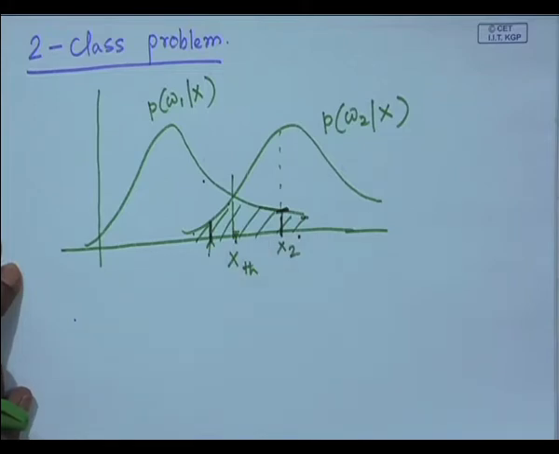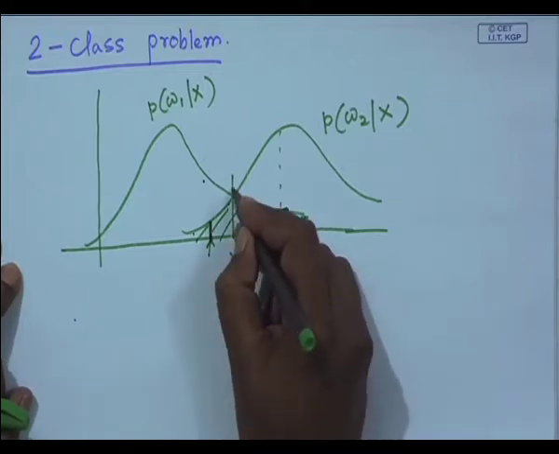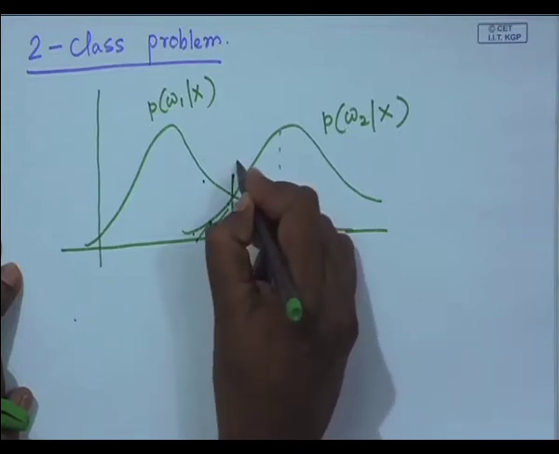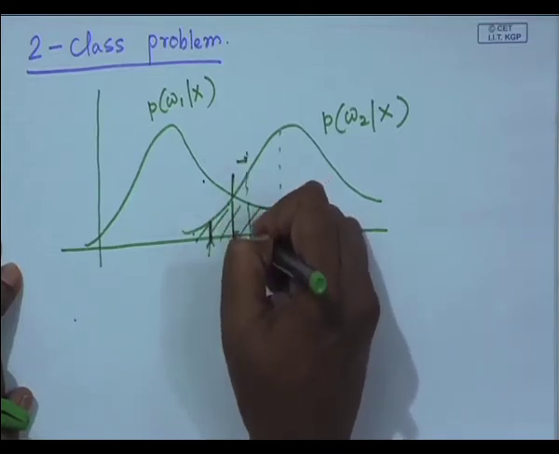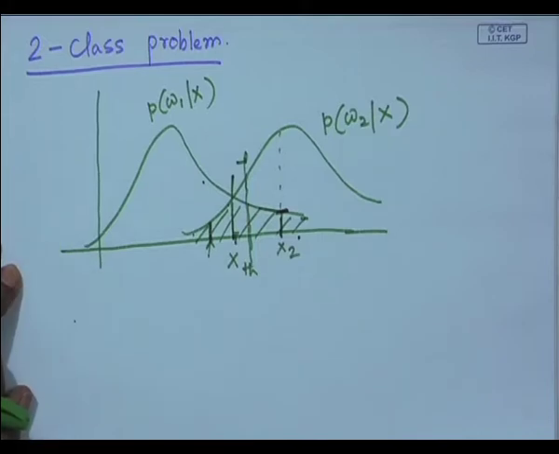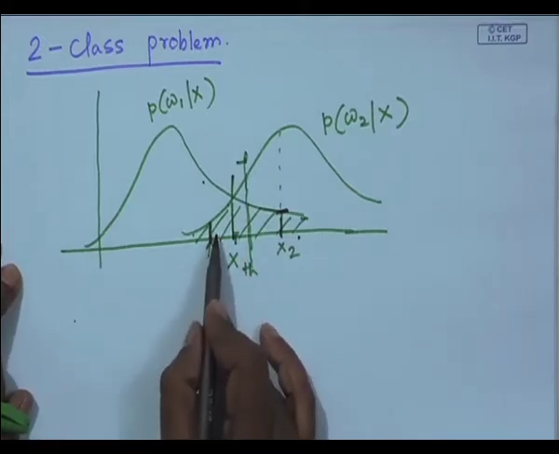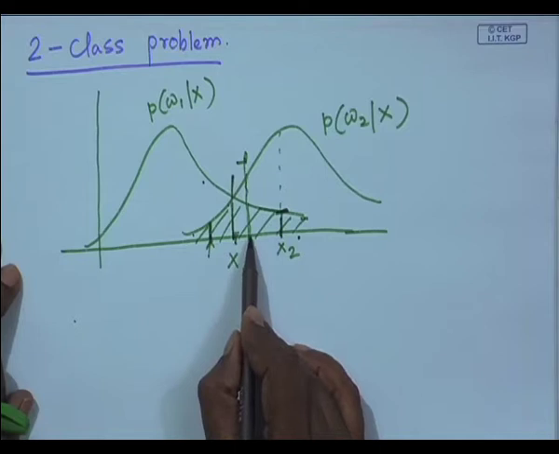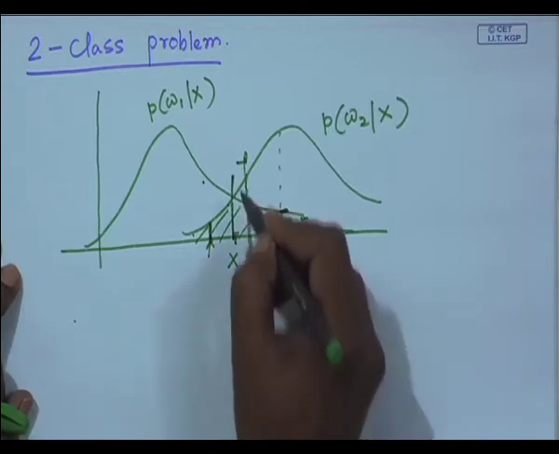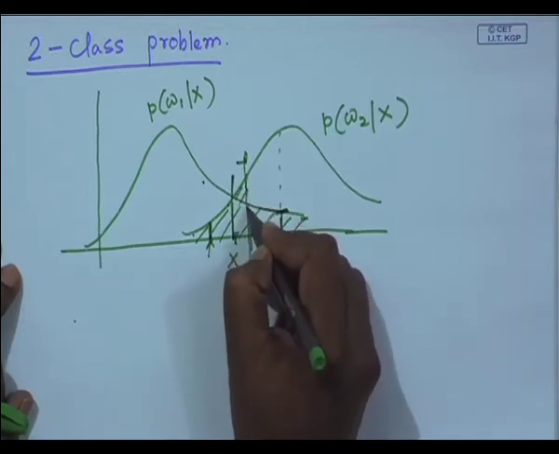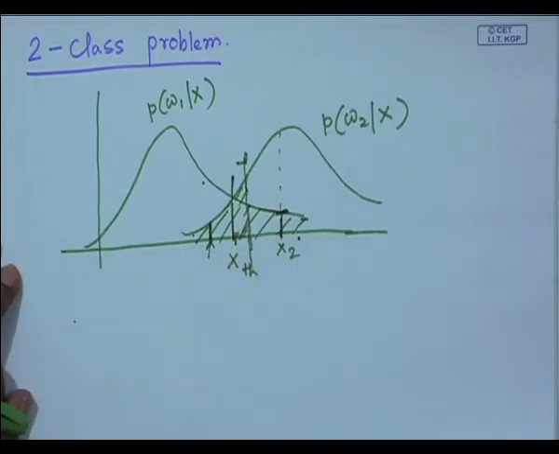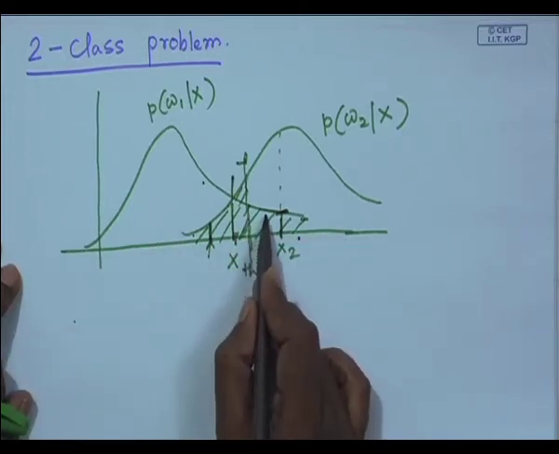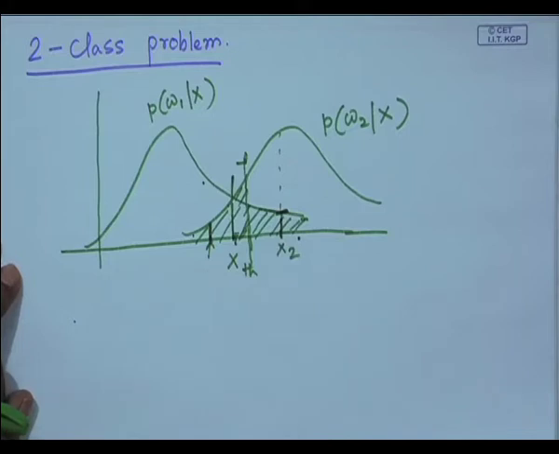Now, you find that if I shift my decision boundary to this side, then for one of the classes the probability of error will increase, and for the other class the probability of error will decrease. So, if I shift my decision boundary towards class omega 2, then the probability of error for class omega 2 will increase, and the total error for class omega 1 will decrease.